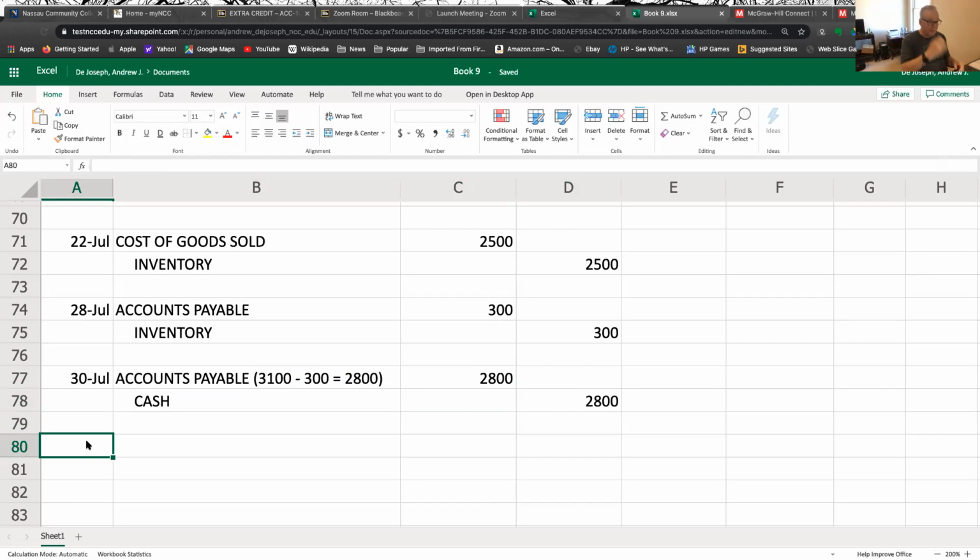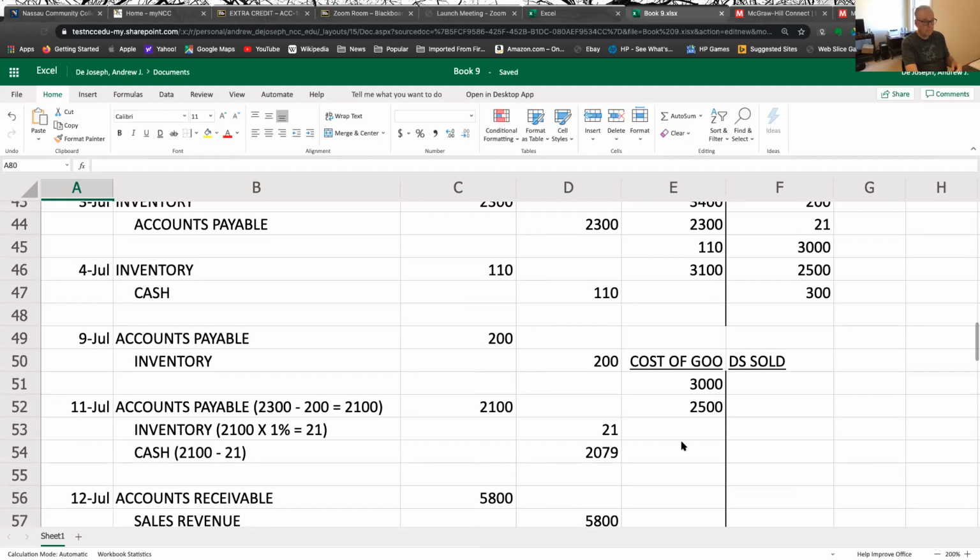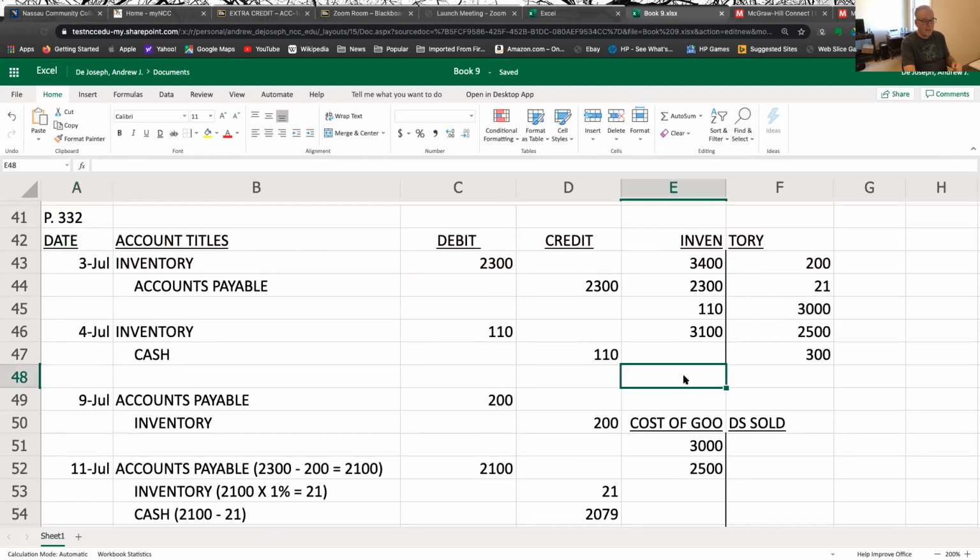Okay, now let's go to the accounts and see if we can figure out the balances. So what do we have in inventory? If we add up all the debits and subtract the credits, what does that come out to? 3,400, 2,300, 110, 3,100.